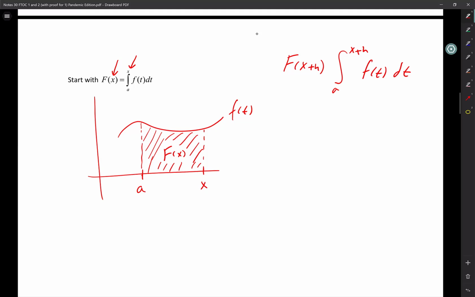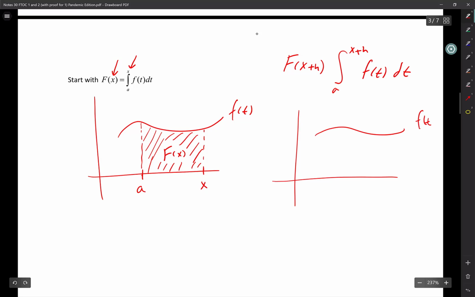So what does this one on the right mean? Well, it means the same thing: f of t from a, and instead of saying x, I'm going to write x plus h. And that means this is F of x plus h.